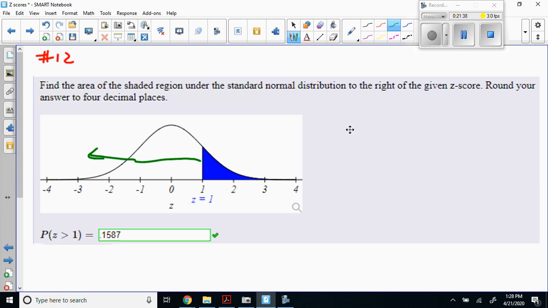So if you looked at 1 as a positive, that would be 0.8413. Because it's the area below it, z of 1, it'd be 1 minus 0.8413, which is, guess what?